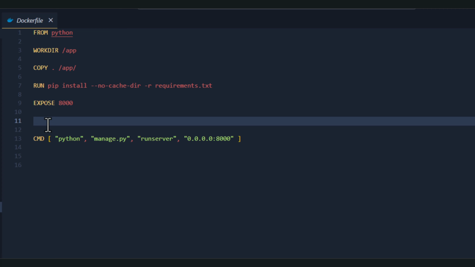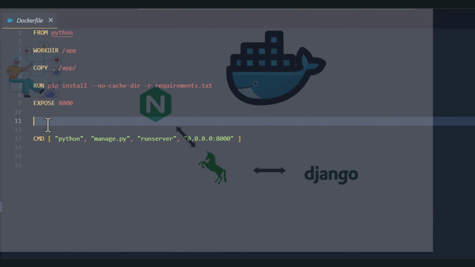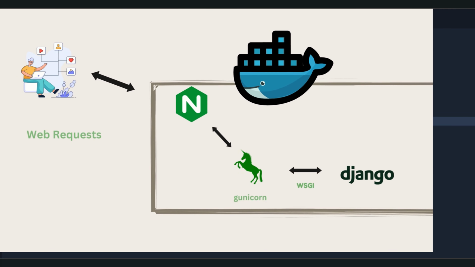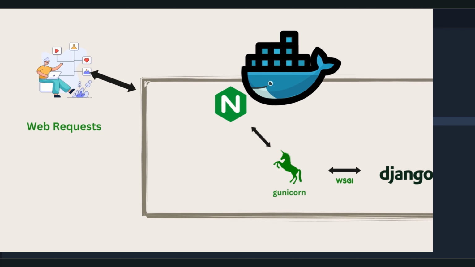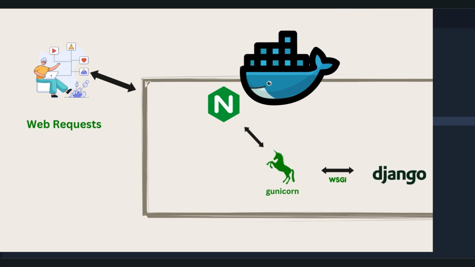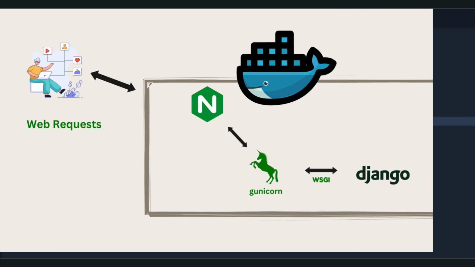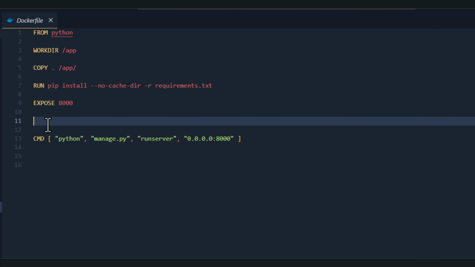Gunicorn is a Python HTTP server for running web applications. It allows us to handle multiple requests simultaneously by using worker processes which manage application workloads. Nginx is a web server that sits in front of Gunicorn, handling client requests and serving static files. It also directs our dynamic requests to Gunicorn.